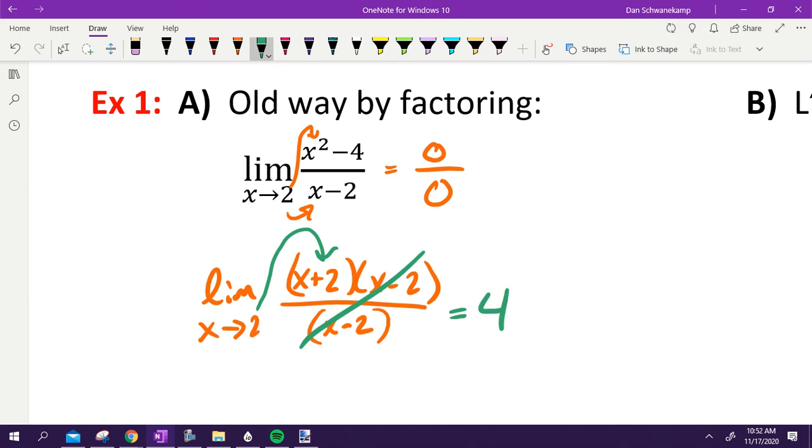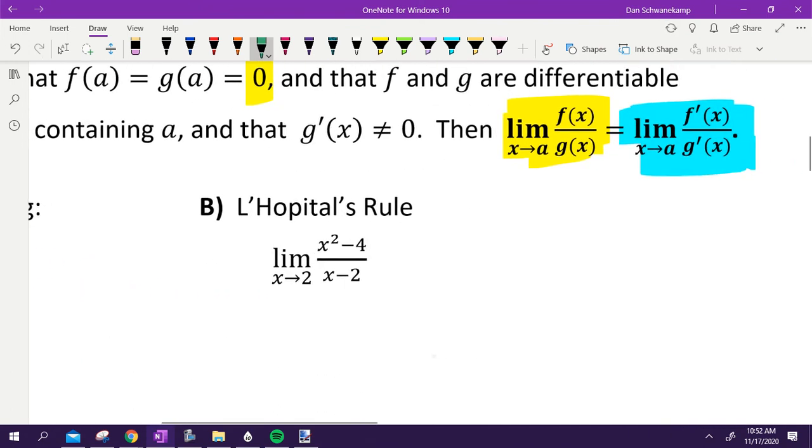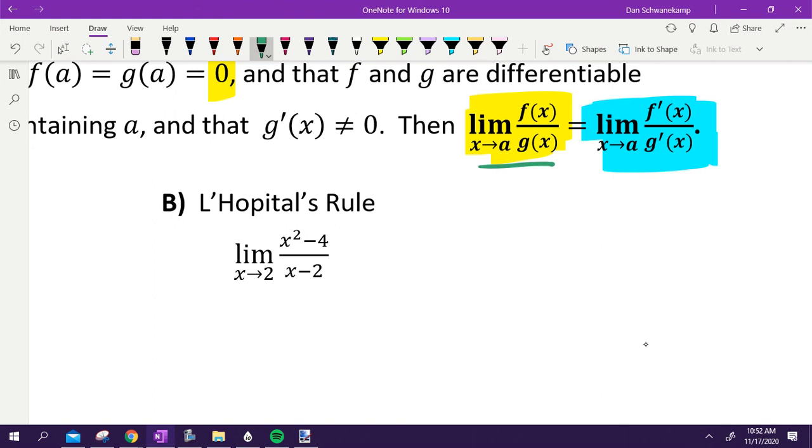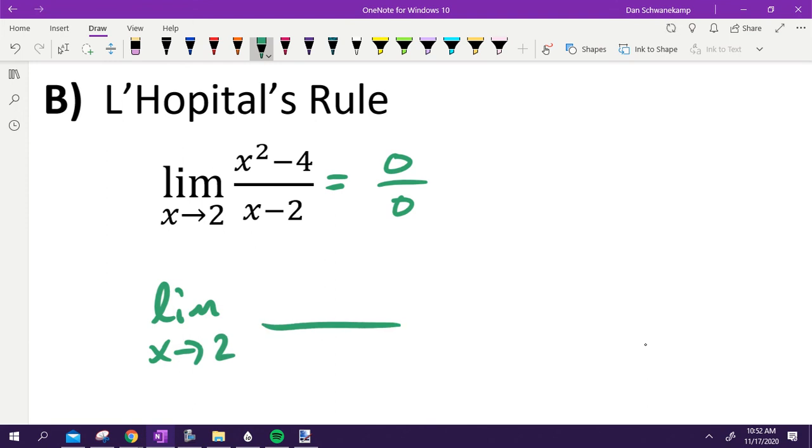Okay, we factored, we canceled, we plugged back in. That works fine. But we can also use L'Hopital's rule. Again, L'Hopital's rule says that if this is the answer, it's going to be the same as the derivatives. So again, we start this problem. All right, cool, I'm getting 0 over 0. So I could also just take the derivative of the top. What is the derivative of x squared minus 4 going to get me? 2x.